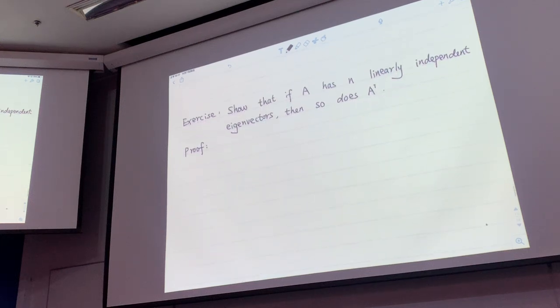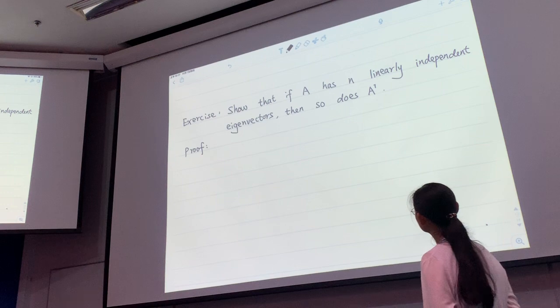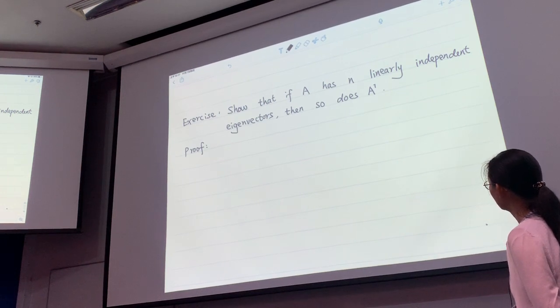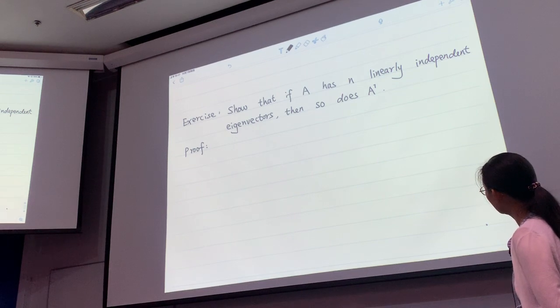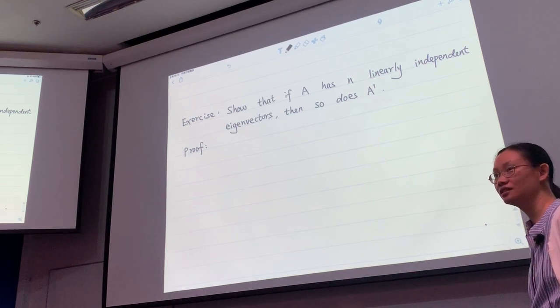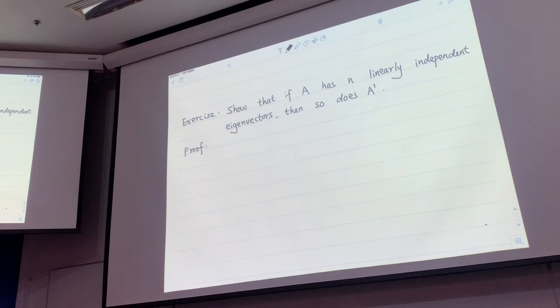Show that if A has n linearly independent eigenvectors, then so does A transpose. A has n linearly independent eigenvectors, which means A is diagonalizable, right? So we have the formula. In the lecture notes, there's something wrong. A is diagonalizable, so A equals P D P inverse.